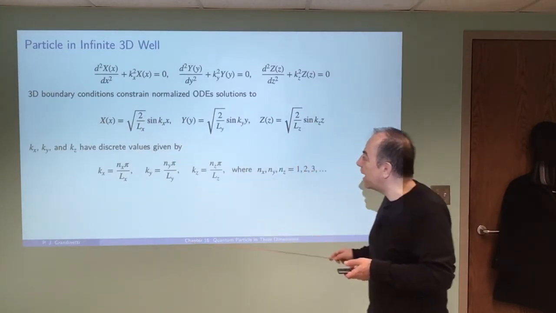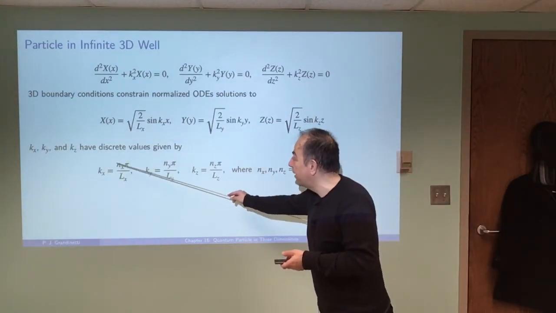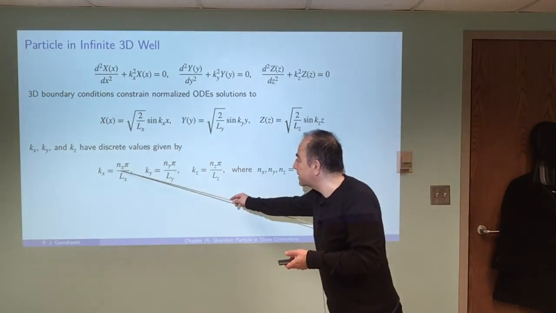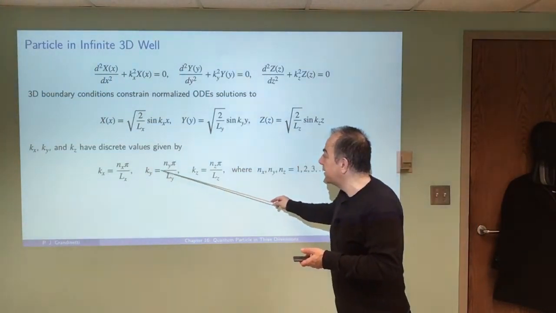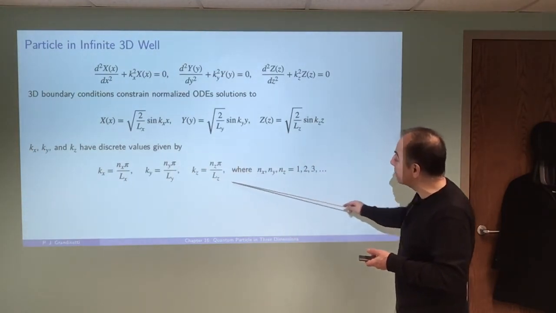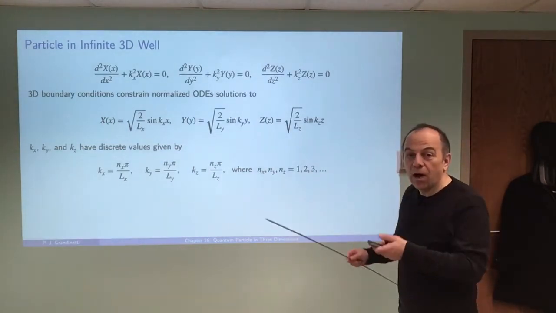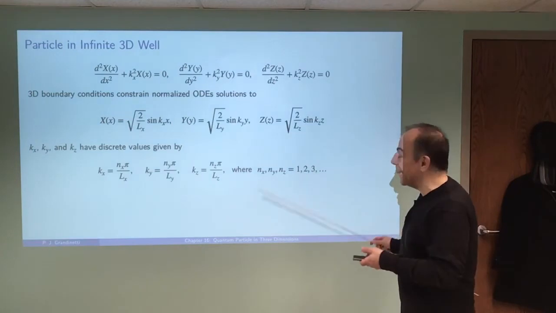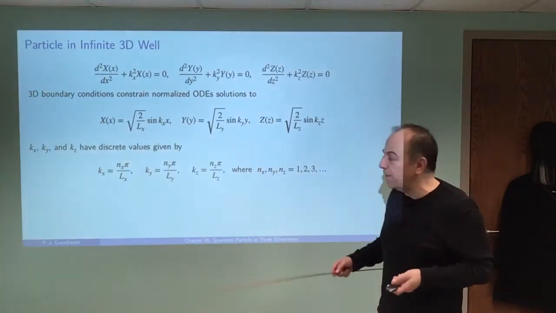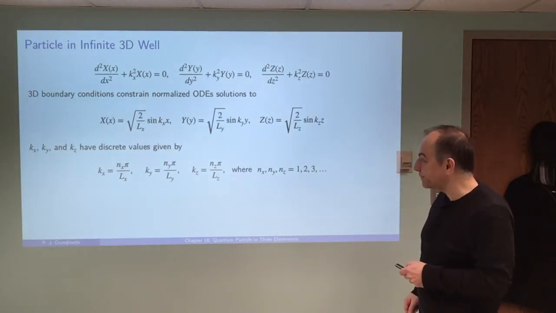The kx, ky, and kz, because of the boundary conditions of the box, can only have values of n pi over L: for kx, it's nx pi over Lx; for ky, it's ny pi over Ly; and for kz, it's nz pi over Lz, where nx can be 1, 2, 3, and so on, ny can be 1, 2, 3, and so on, and nz, 1, 2, 3, and so on. All of these integer values are the quantum numbers for the particle in an infinite three-dimensional well.